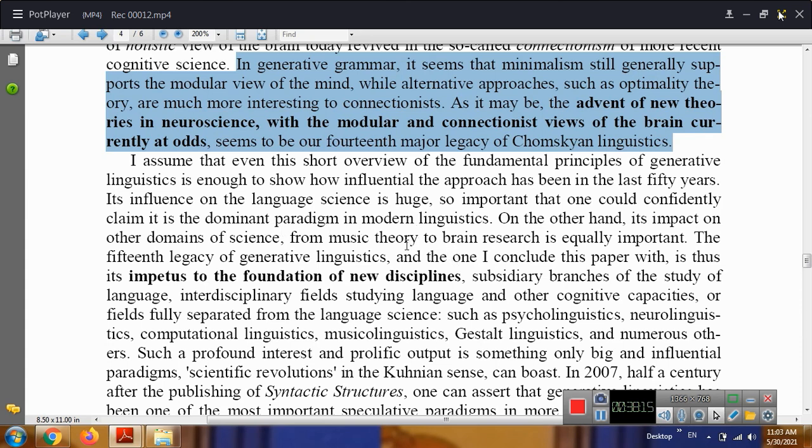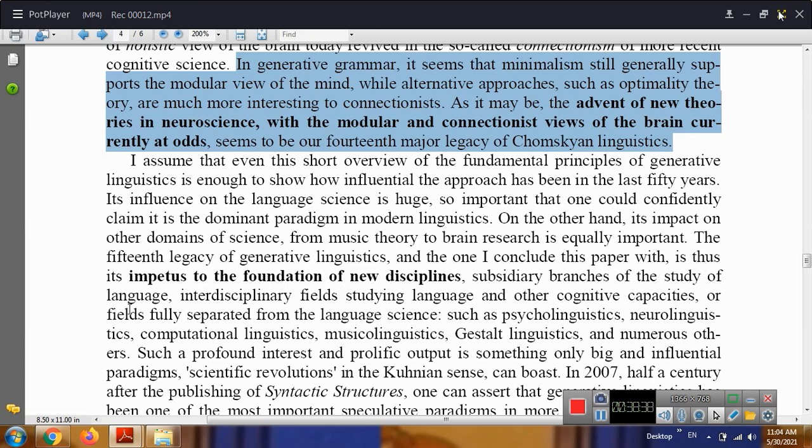On the other hand, its impact on other domains of science, from music theory to brain research, is equally important. The 15th legacy of generative linguistics, and the one the author concludes this paper with, is thus the impetus to the foundation of new disciplines.